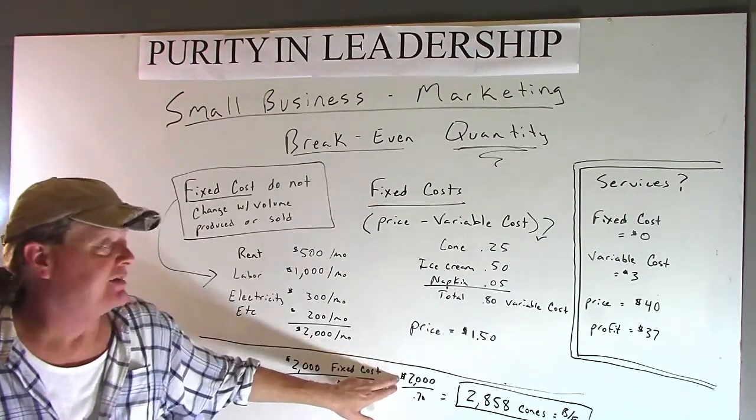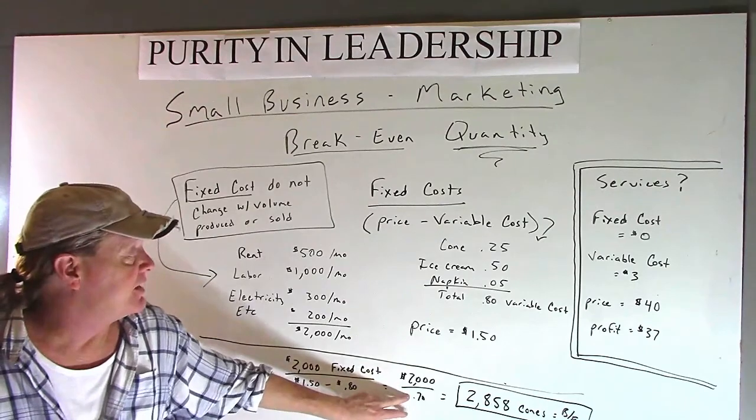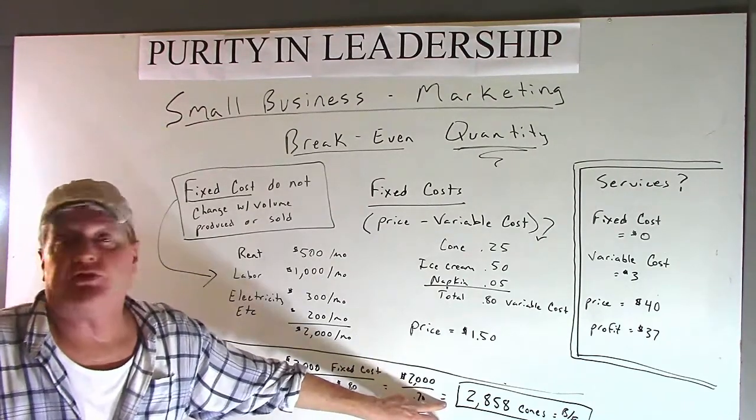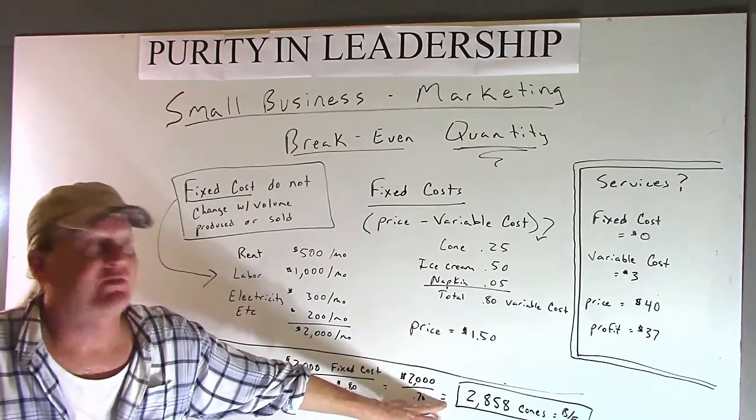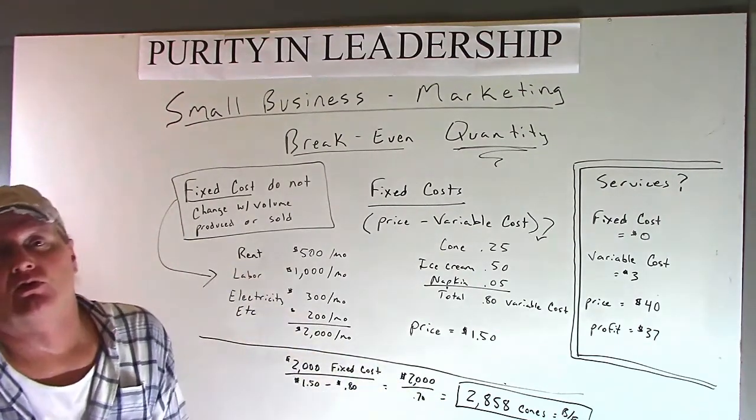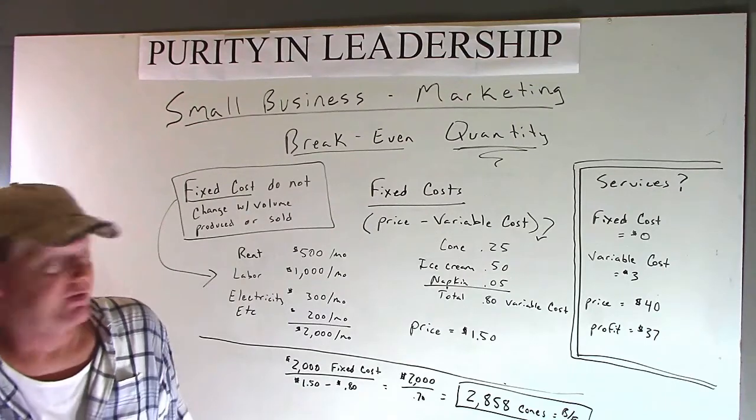And when we divide $2,000 by 70 cents, you're not going to believe this. 2,858 cones to break even for the month.